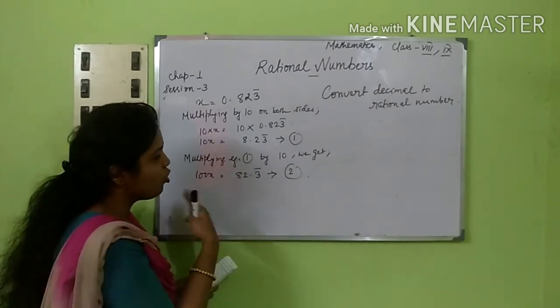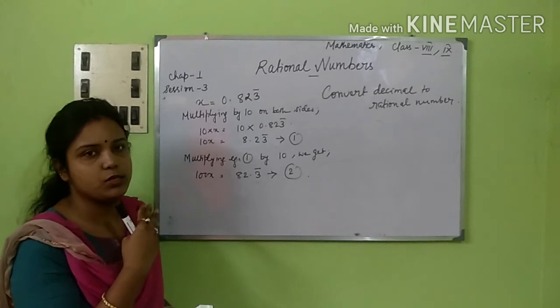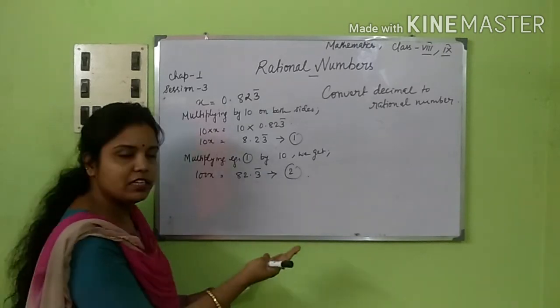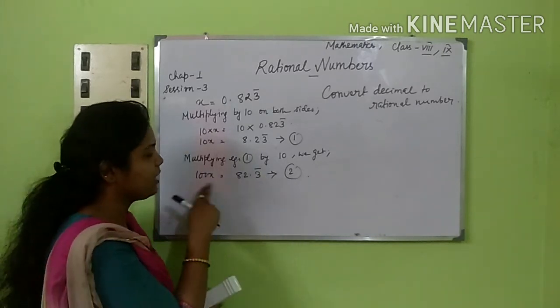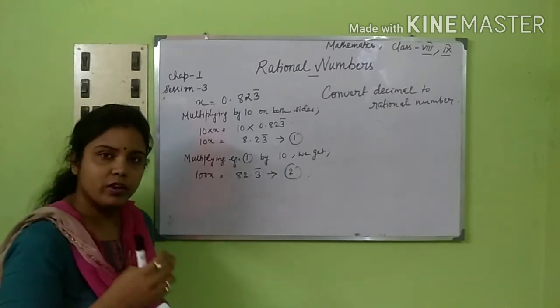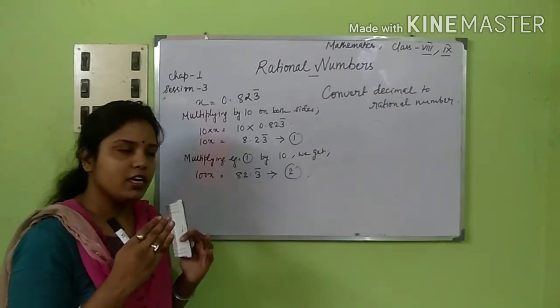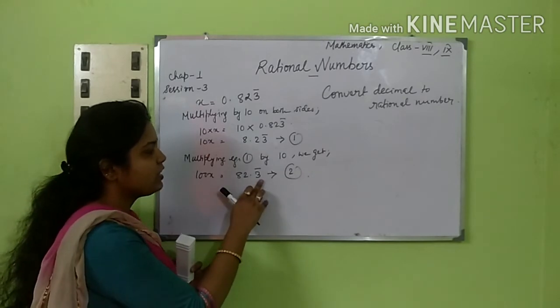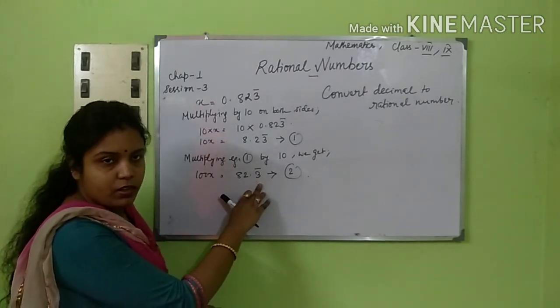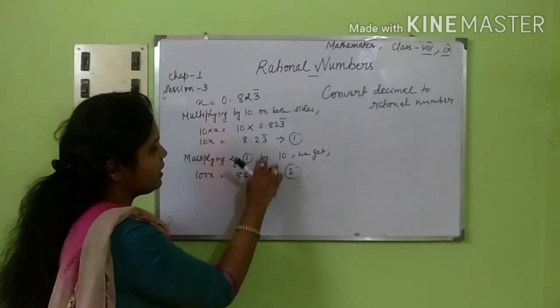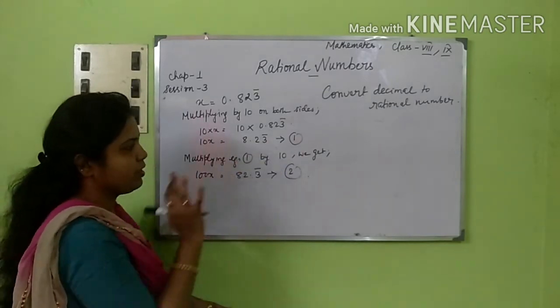All the other digits we will move toward the left hand side of the decimal point. On the right hand side, after multiplication by 10 or 100 or 1000, whatever is required, we keep only the recurring digits. So here if we subtract, there is going to be a problem again.